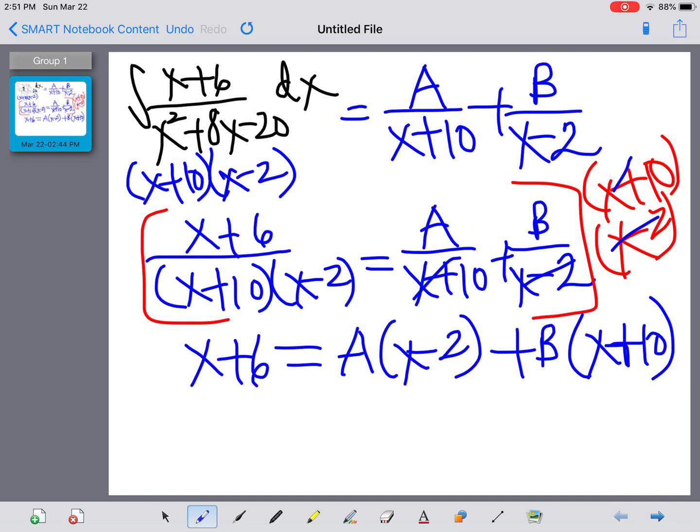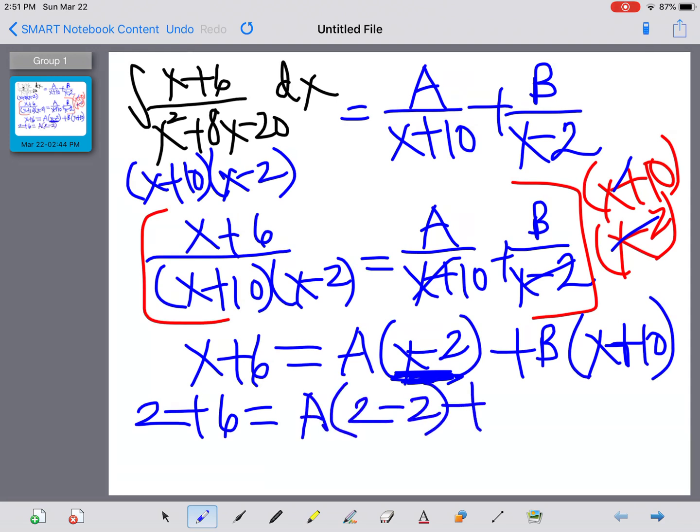Now you can match up the like coefficients and solve for A and B using a system of equations, but maybe a simpler way is to use the zeros to find A and B. What will make this binomial 0 is when x is equal to 2. So everywhere you see an x, plug in 2. So we have 2 plus 6 equal to A times 2 minus 2 plus B times 2 plus 10.